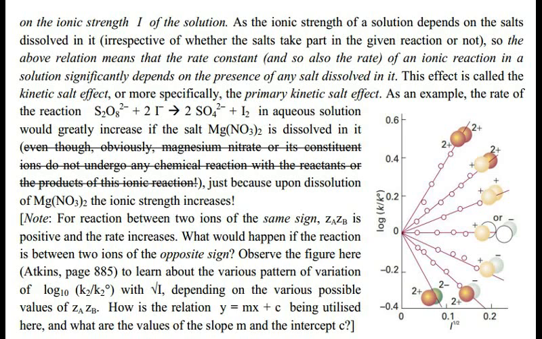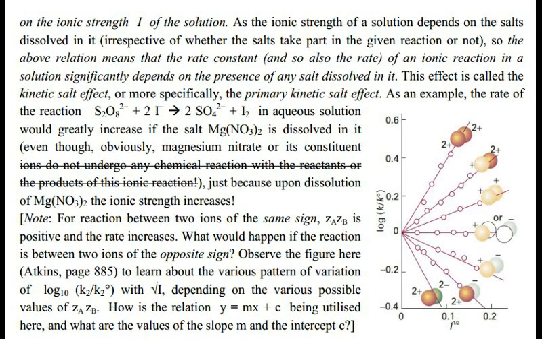So if we introduce the salt magnesium nitrate dissolved in this reaction medium, with no magnesium nitrate, with less, with moderate, with more magnesium nitrate, and see how the rate of the reaction between persulfate and iodide changes, we will see that it greatly increases, because this ZaZb product is positive.